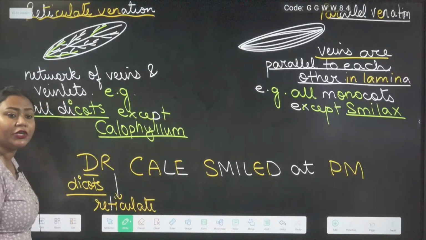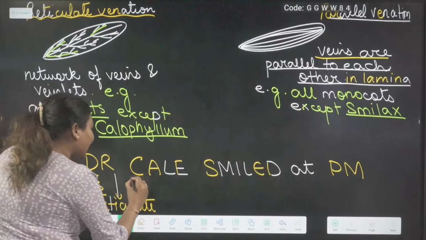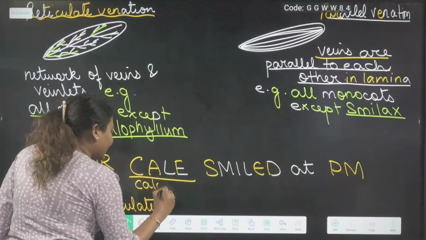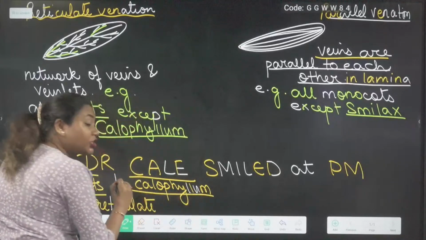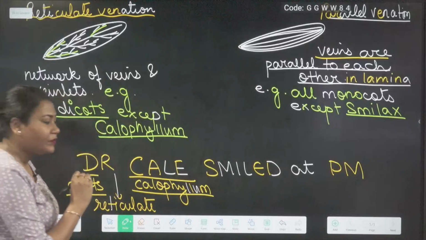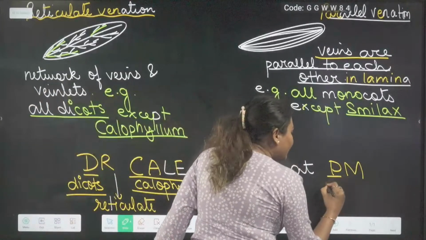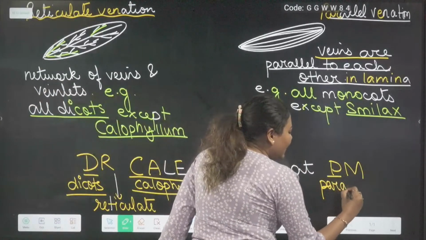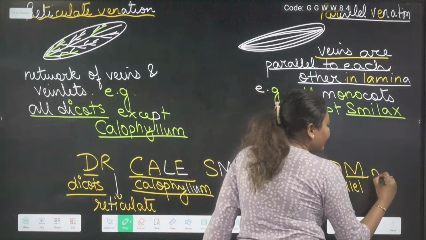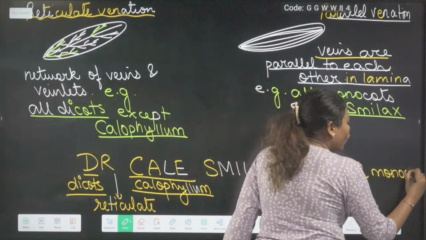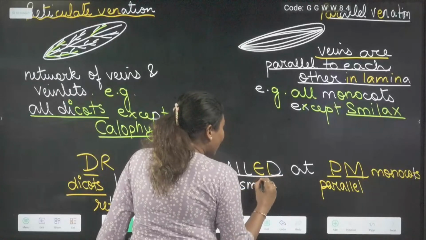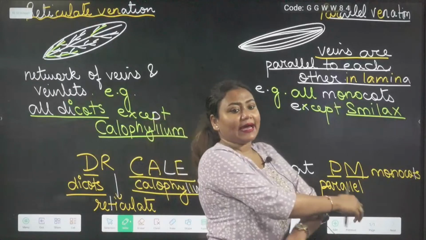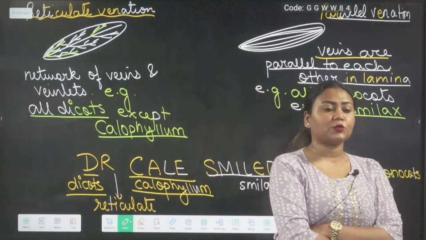R means reticulate venation. Kale means Calophyllum. So all dicots have reticulate venation except Calophyllum. P means parallel venation, and the example is monocots. And smiled means what is the exception? Smilax.